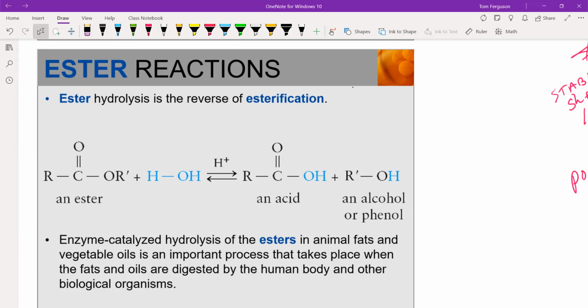Now we can take apart an ester as well. In an acidic environment, in water, it'll break apart into its original acid and its original alcohol, whether that's aromatic or aliphatic. The enzyme lipase takes apart fats.